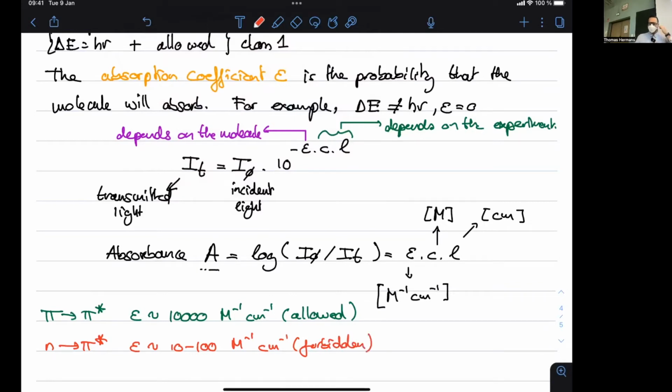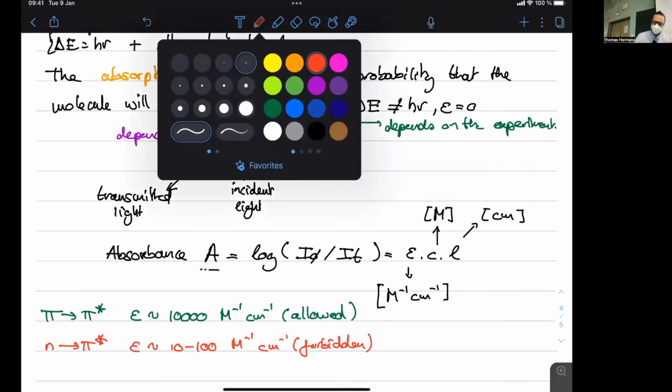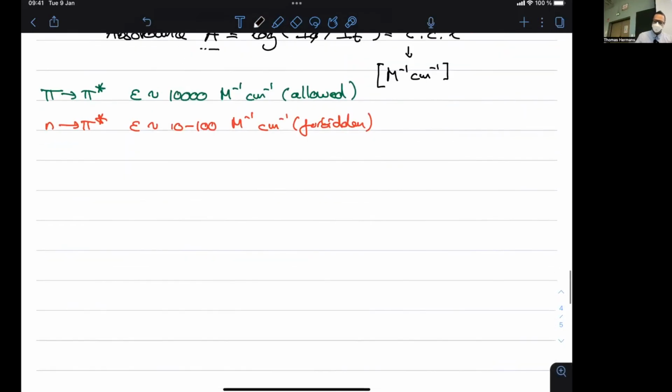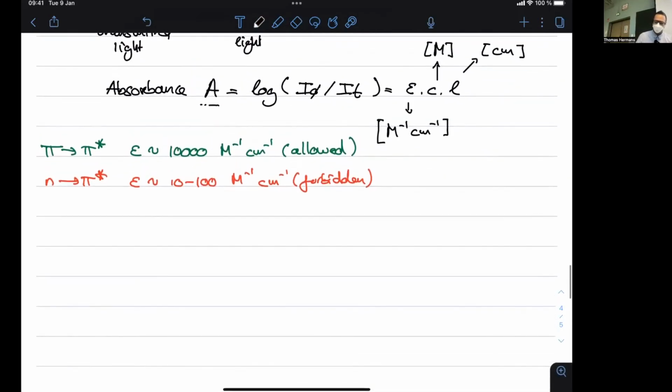Okay, so it's forbidden, but because of these vibronic and rotational levels, it can still be observed, but very weakly. Okay, so, sorry. So what can we determine?